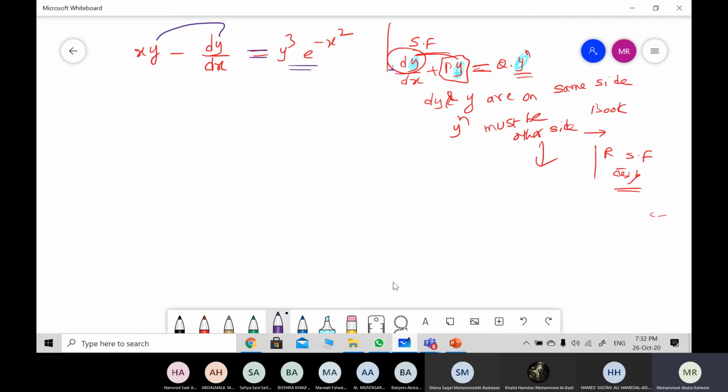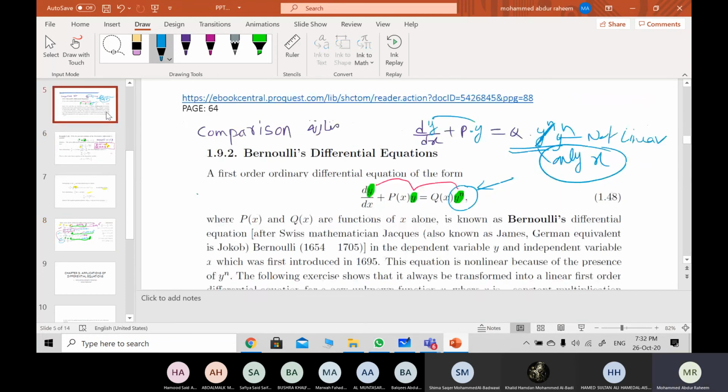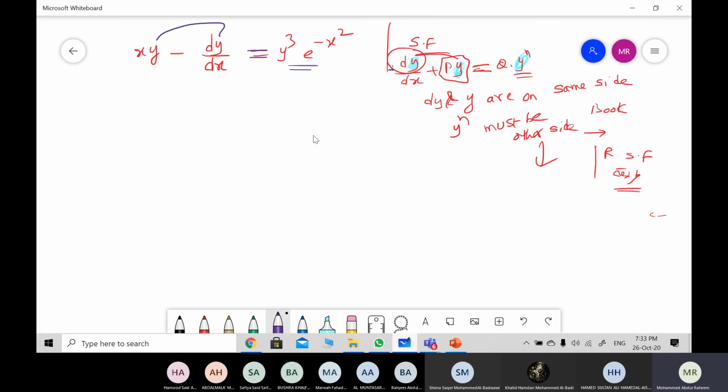The standard form, 1 minute, we will go to the PPT to check back. He is mentioning nothing should be there. It's okay if anything is there also, not an issue.